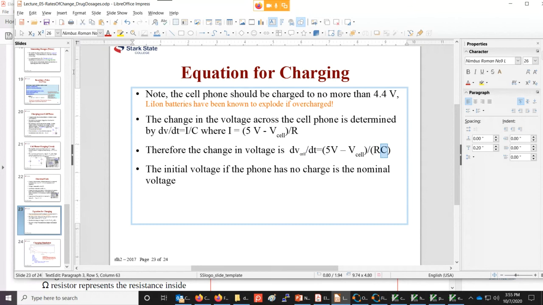And also there's internal resistance in the battery that can be included in that. And then times the capacitance of the battery.